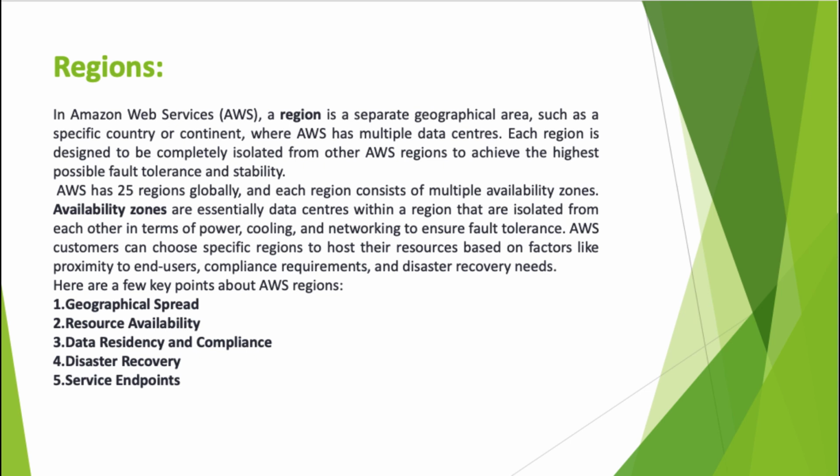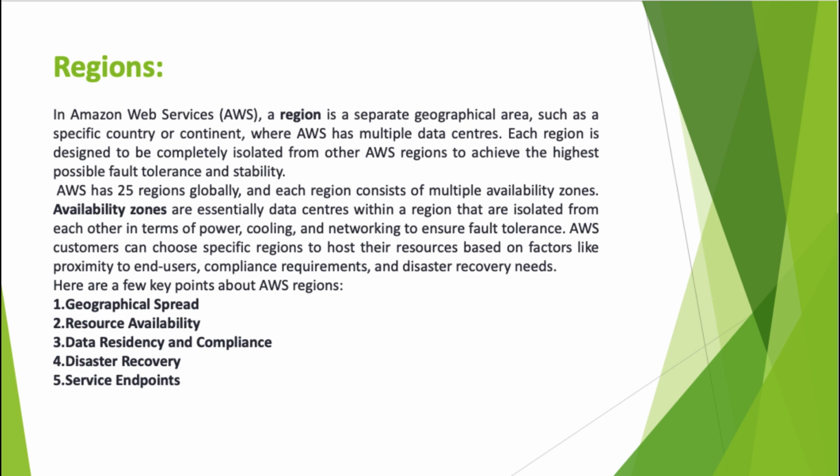Each region is designed to be completely isolated from other AWS regions to achieve the highest possible fault tolerance and stability. AWS has 25 regions globally, and each region consists of multiple availability zones.